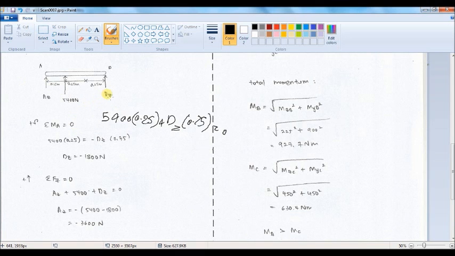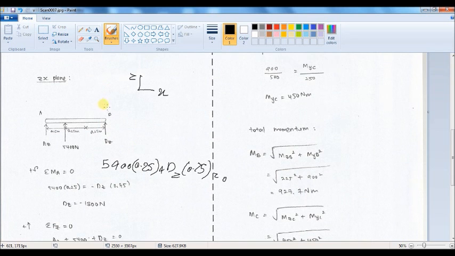I consider dz as positive direction. If later we found that dz is negative, that means our first assumption direction was wrong. Okay, as you can see, we found dz negative. That means the direction of the reaction load that we assumed first is wrong. That means it is in this direction.